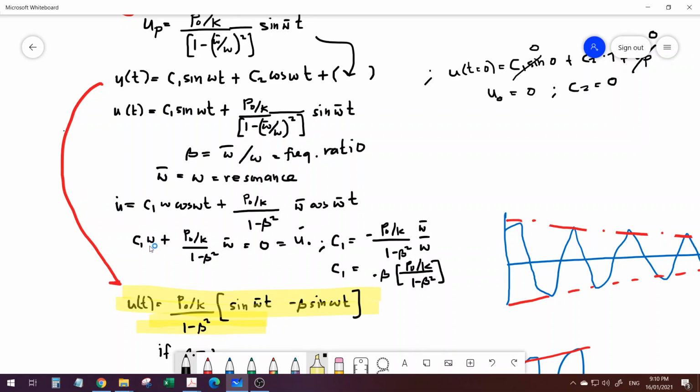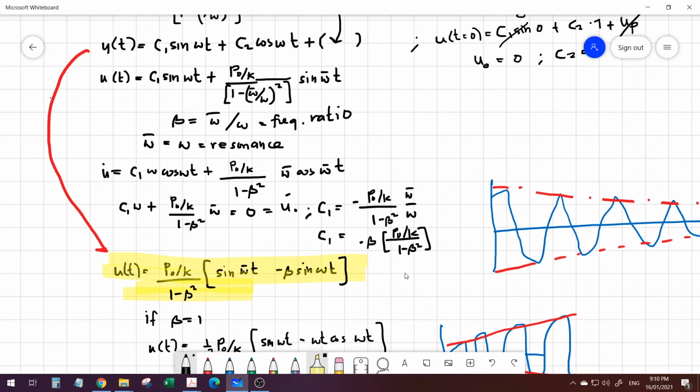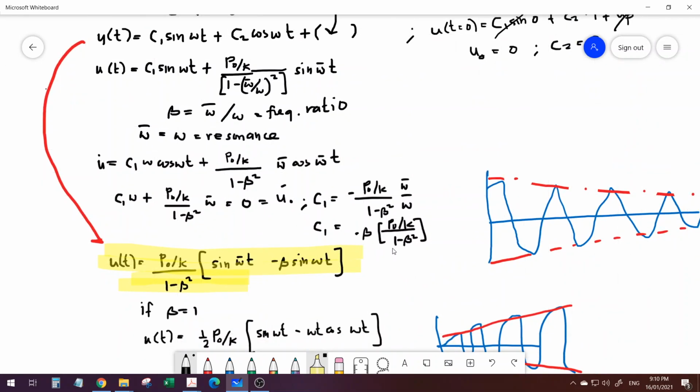So C1 omega plus P naught over K is equal to 0. Therefore, our C1 is equal to negative P naught over K, 1 minus beta square, omega bar over omega. Or C1 is equal to negative beta P naught over K, 1 minus beta square.